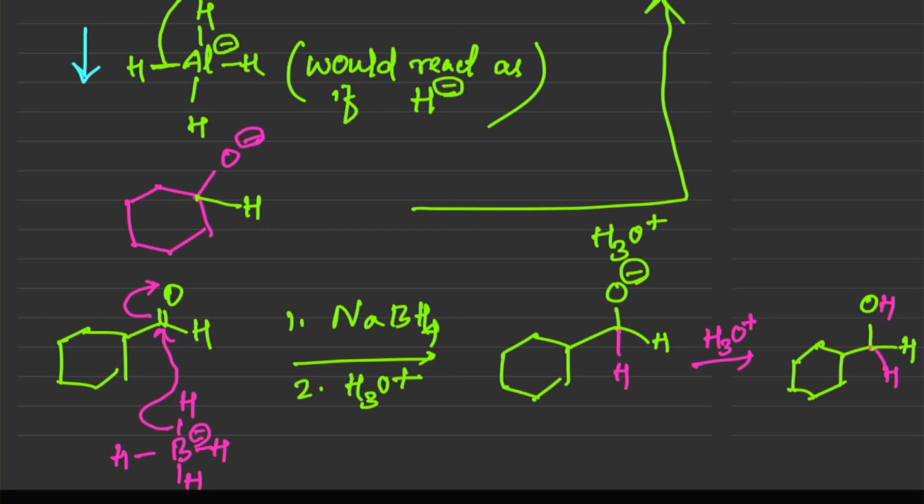So you see we started with an aldehyde and we ended up with a primary alcohol. So when an aldehyde gets reduced, you make a primary alcohol. When a ketone gets reduced, you make a secondary alcohol. Okay, so this is a primary alcohol. Why is this called primary? Because the carbon atom connected to oxygen is connected to one more chain and two hydrogens.